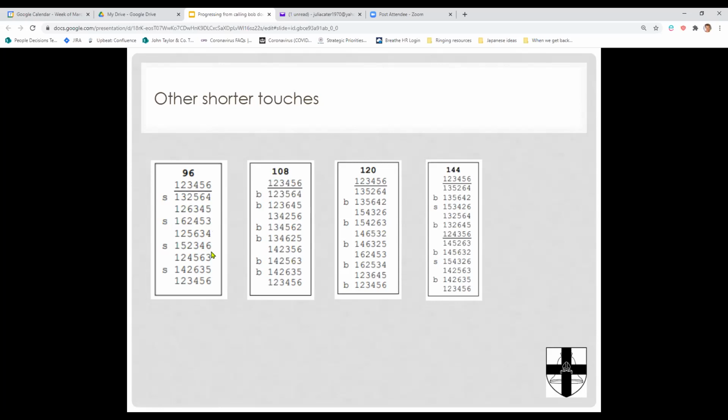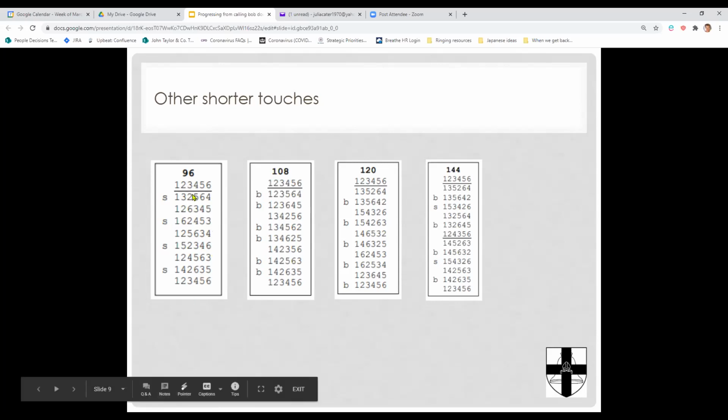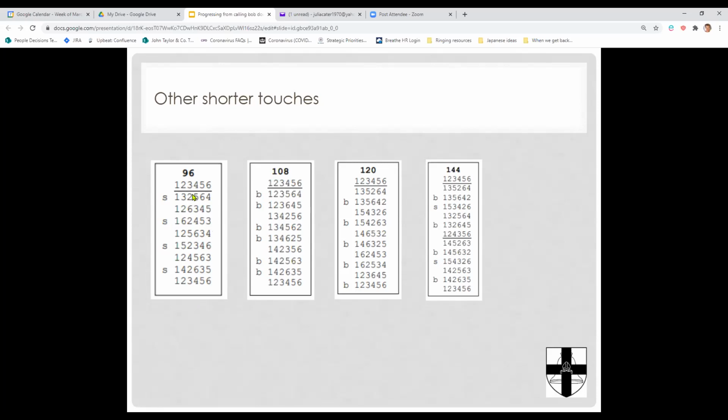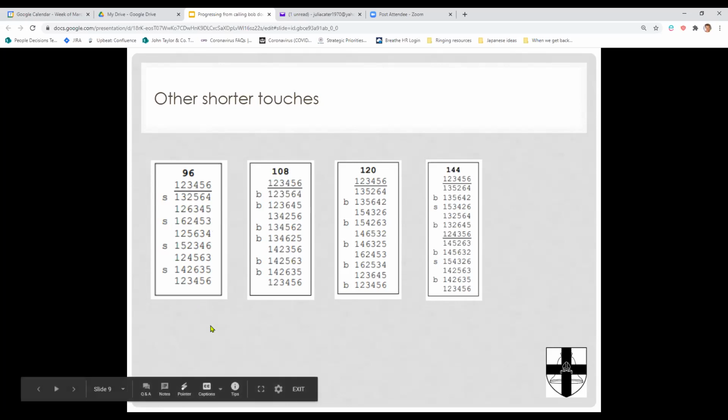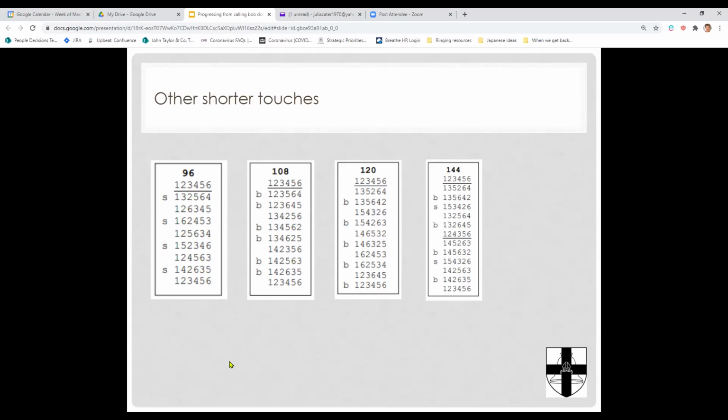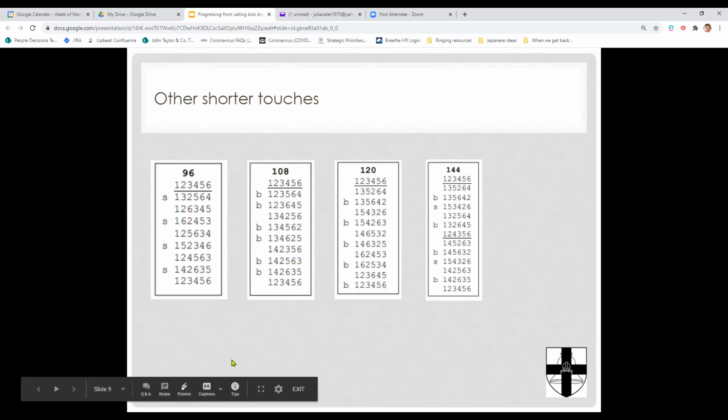The fifth lead is an S, and so on and so on. And so basically you end up with a pattern. If you go single, plain, single, plain, single, plain, single, plain, it comes round. So these shorter touches sometimes are notated this way, and there's just loads of them. You can probably go plain, single, plain, single, plain, single, plain, single, and rotate them that way.